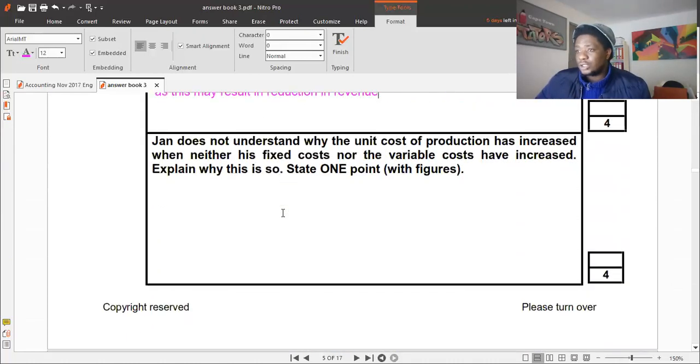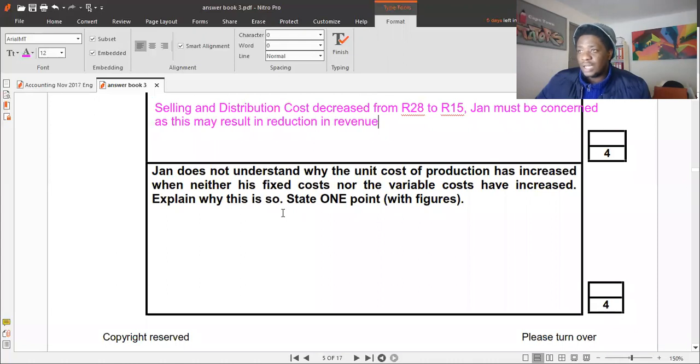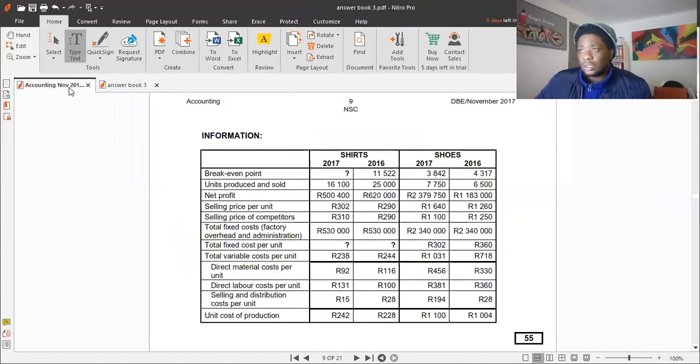And then we move on to the next question. Jan does not know why the unit cost of production has increased, but neither his fixed costs nor the variable costs have increased. Explain why this is so. Let us try and understand why it may be so. You can see here that the variable cost per unit actually decreased from 244 to 238 per unit. So if your variable cost decreases, your cost really should be decreasing.